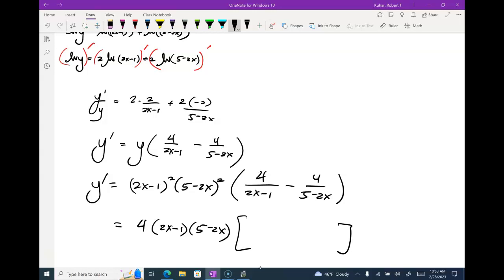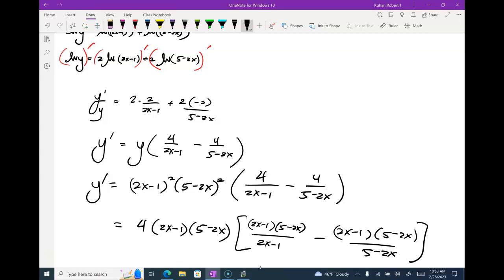I'm going to put a factor of 2x minus 1 and a factor of 5 minus 2x in. You with me? Factored the 4 out. I distributed 2 other factors in. Yes?